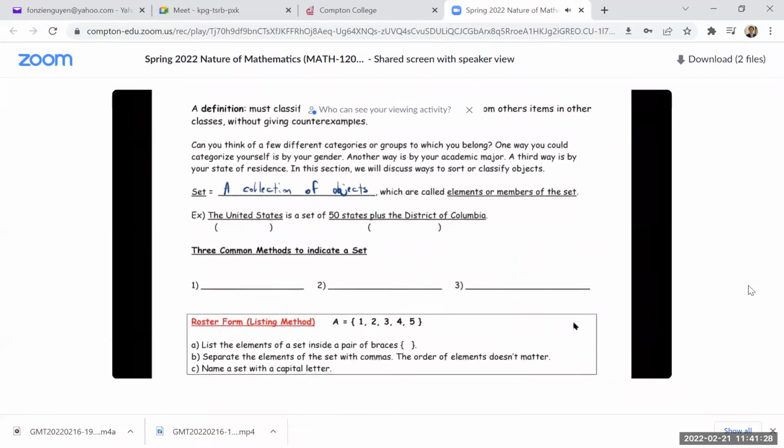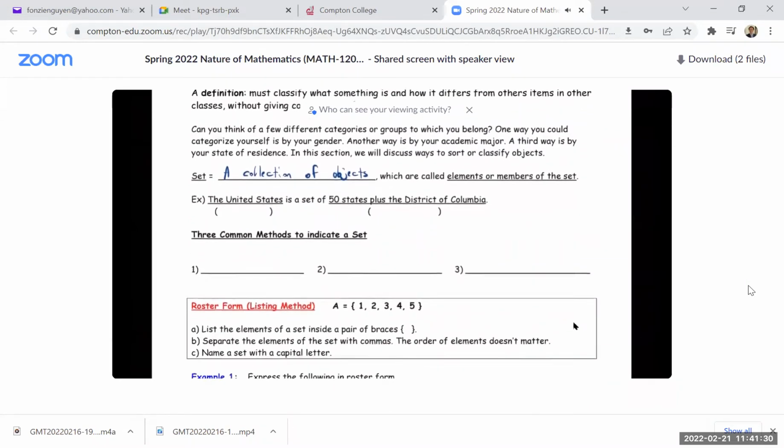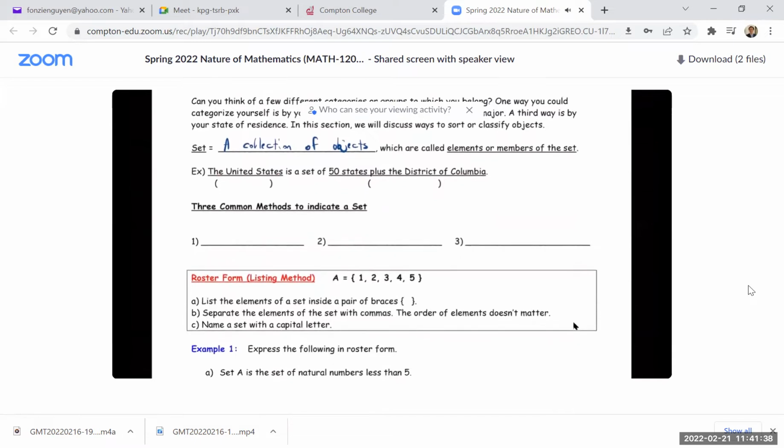All right. So here, they give us an example. The United States is a set of 50 states plus the District of Columbia. Three common methods to indicate a set. There are 3 different ways you can list it. This is called the listing method, when you just list them all out. So let's do that.